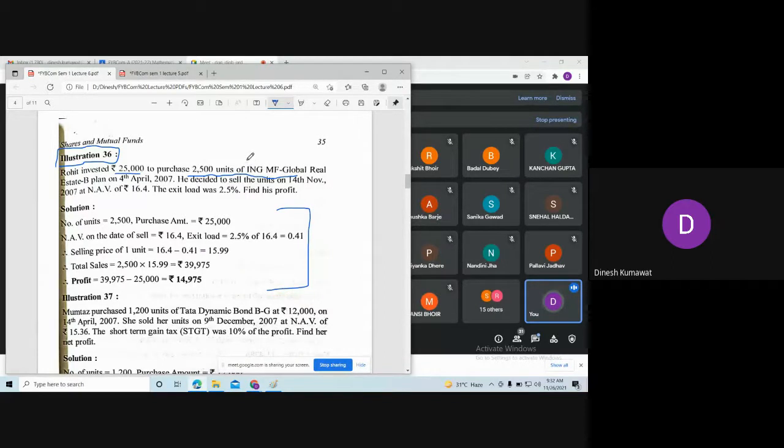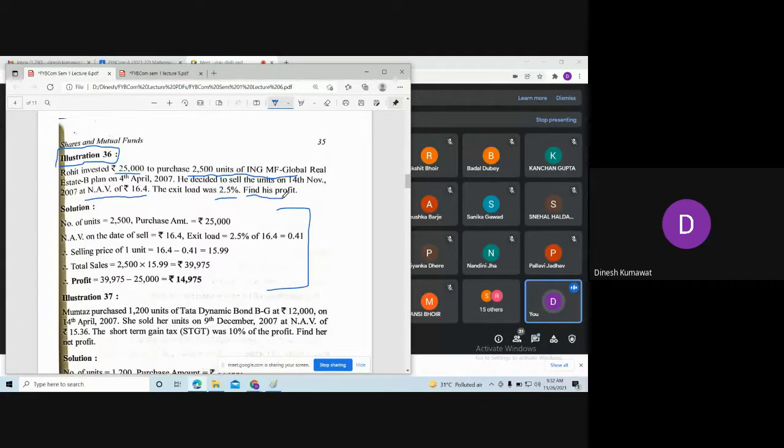Okay, so this is the name of some company. He decided to sell the units on 14th November 2007 at a net asset value of rupees 16.4. The exit load was 2.5%. Find his profit.